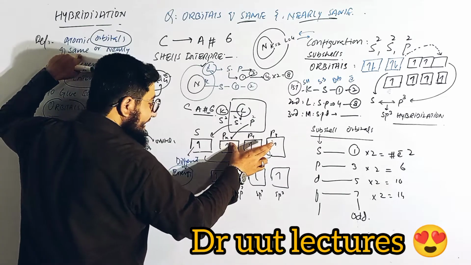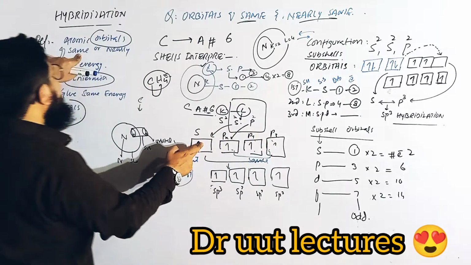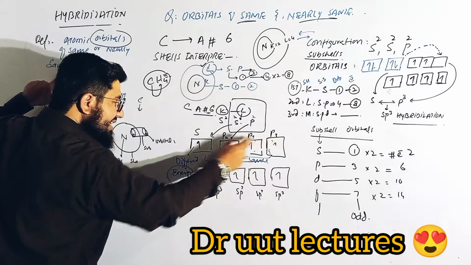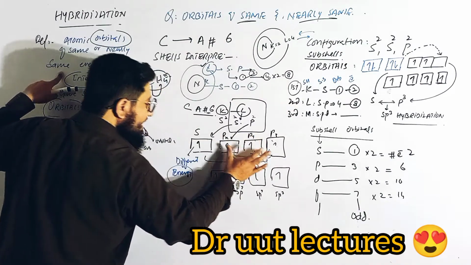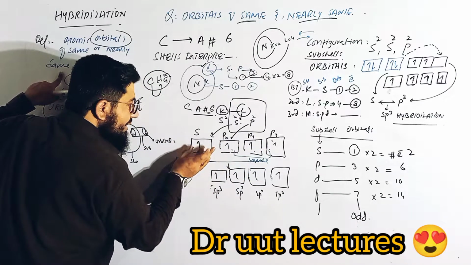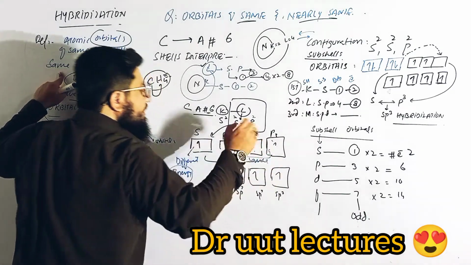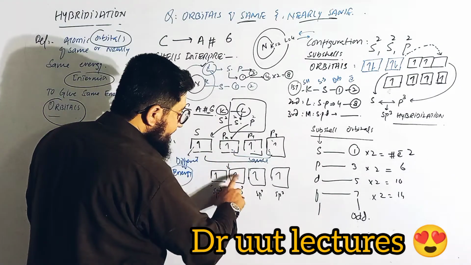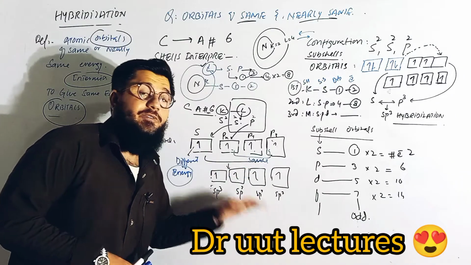So when the same energy orbitals mix with an orbital of nearly the same energy, they will give us orbitals having the same energy. After they mix up, the orbitals formed will be of the same type.